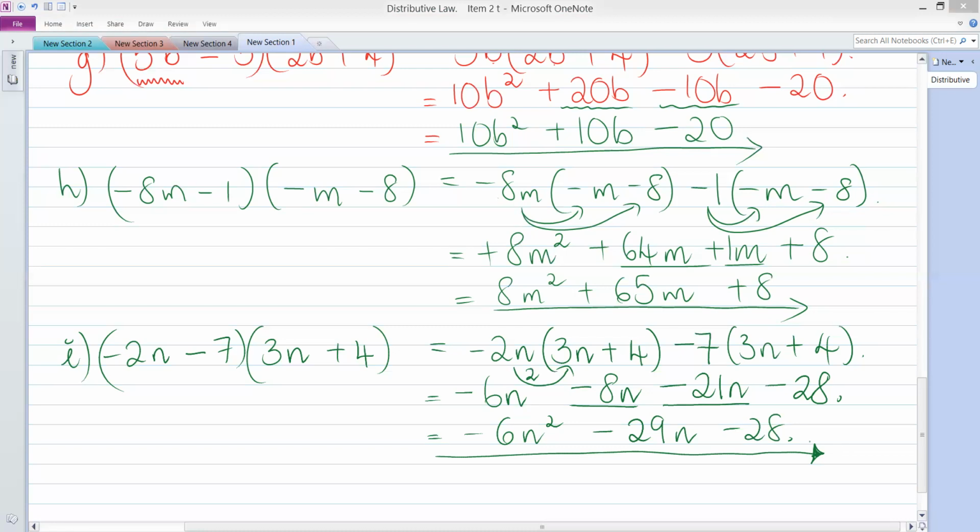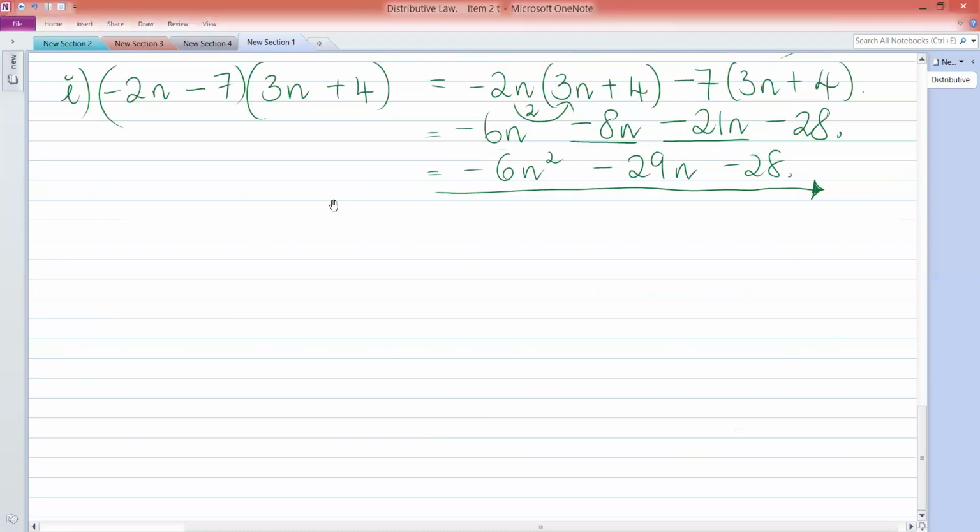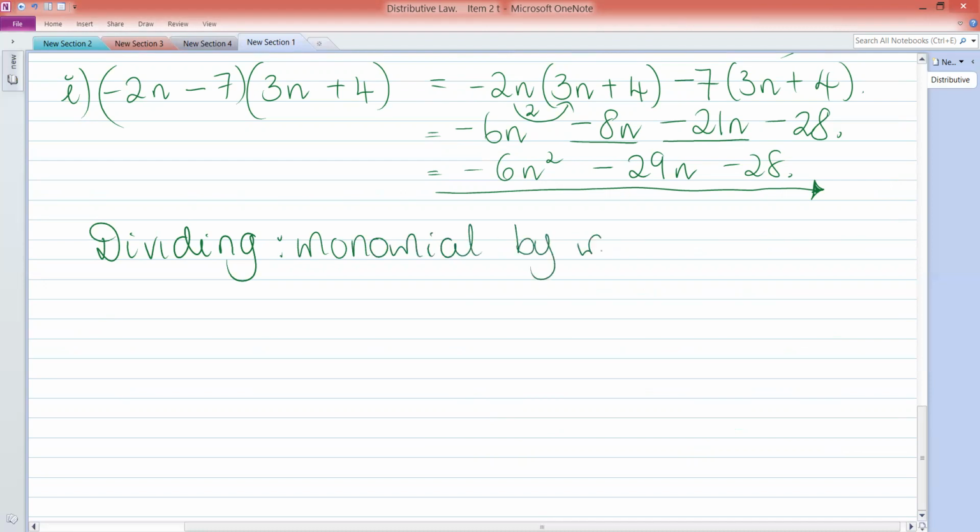So we're now doing dividing. Let's start with a monomial by a monomial. So our first example.